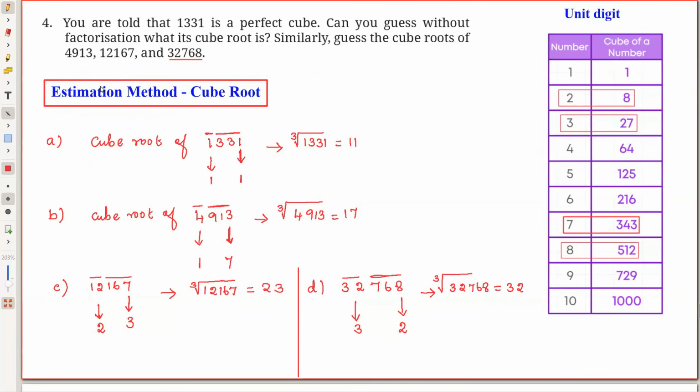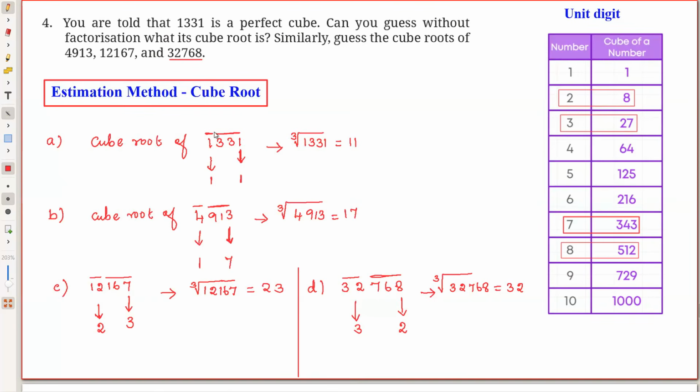So we're going to use the estimation method to check whether the given number is a perfect cube or not. For finding the cube root, we must know the unit digits. If you know the unit digits, you can easily do it. So for cube root, first write the number and place a bar over 3 digits from right to left.